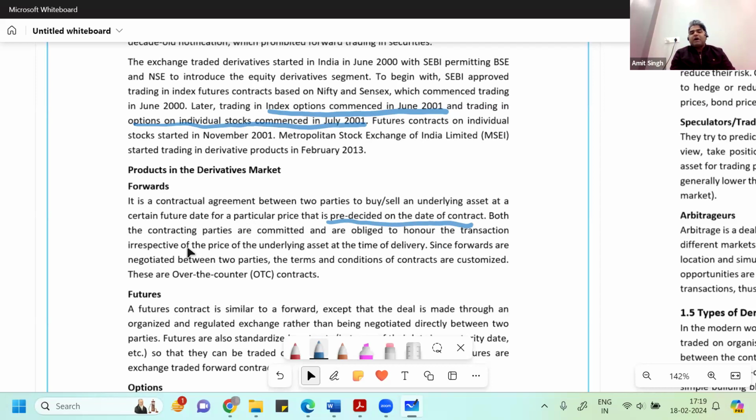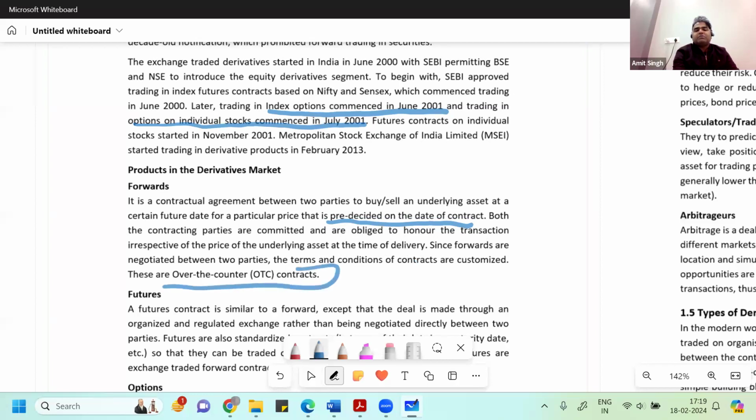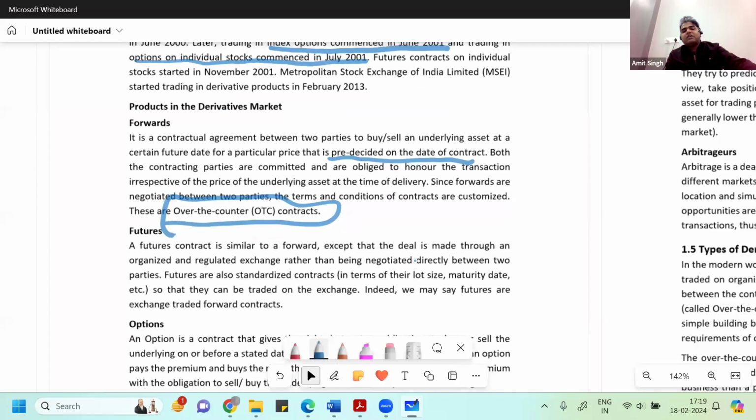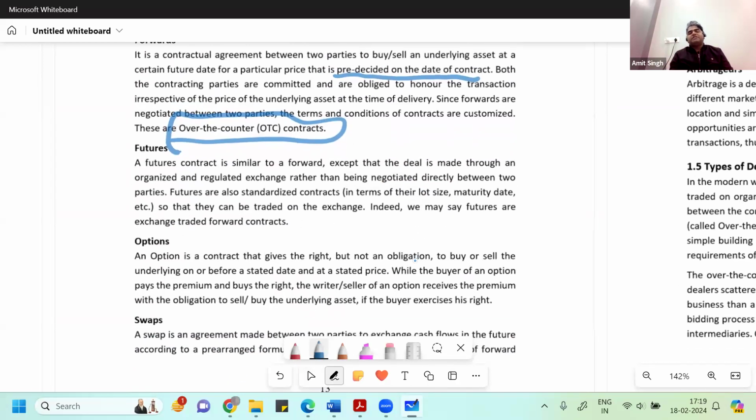Both parties are committed and obliged to honor the transaction irrespective of what events happen in the future. Bilateral contracts like these are called OTC, over the counter contracts. Clear, everyone?